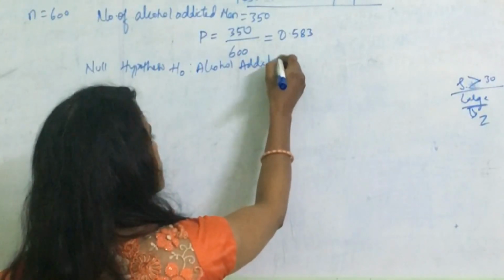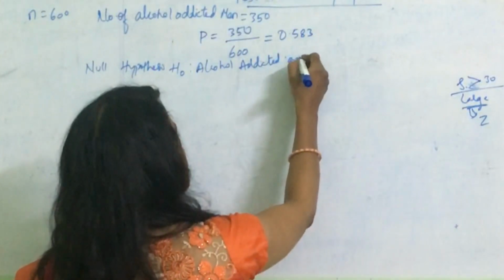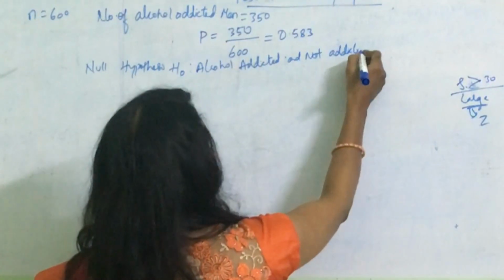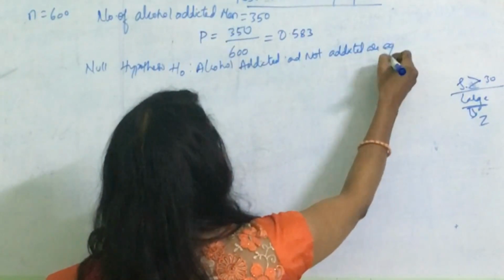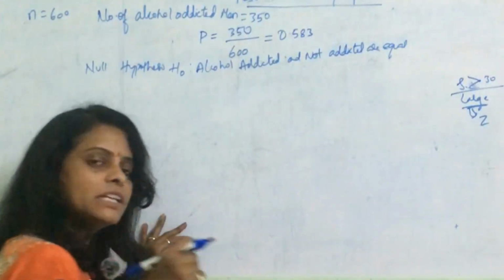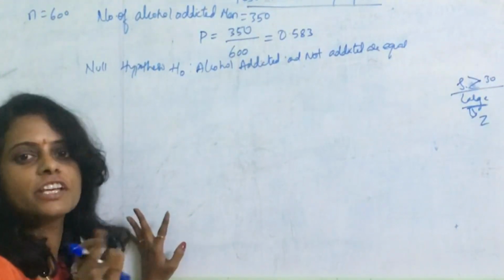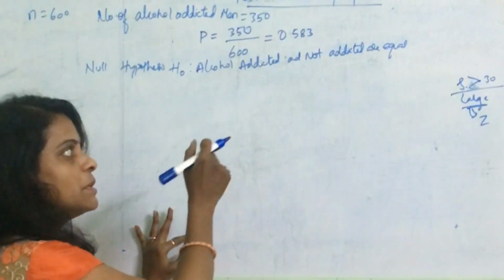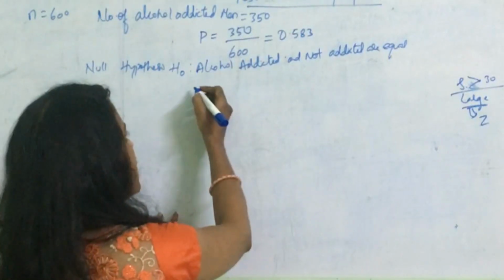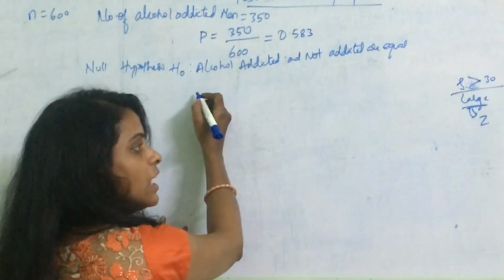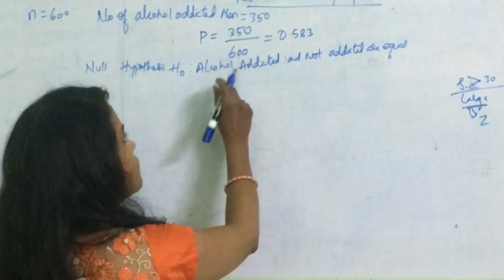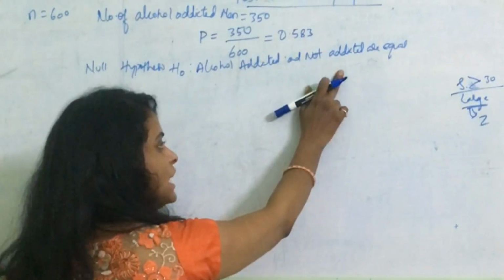and not addicted people are equal. It means that there is no significant change. It means both alcohol addicted and non-alcohol addicted people are equal. So in that way we will consider your null hypothesis. So in this null hypothesis, what is the value which we have? As I said, both are equal there.